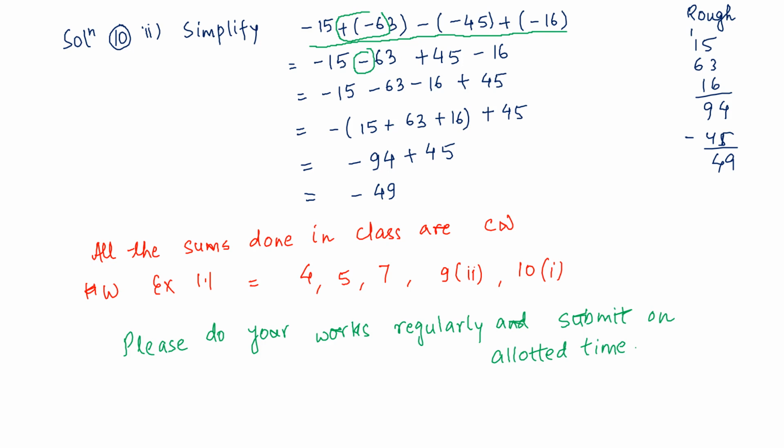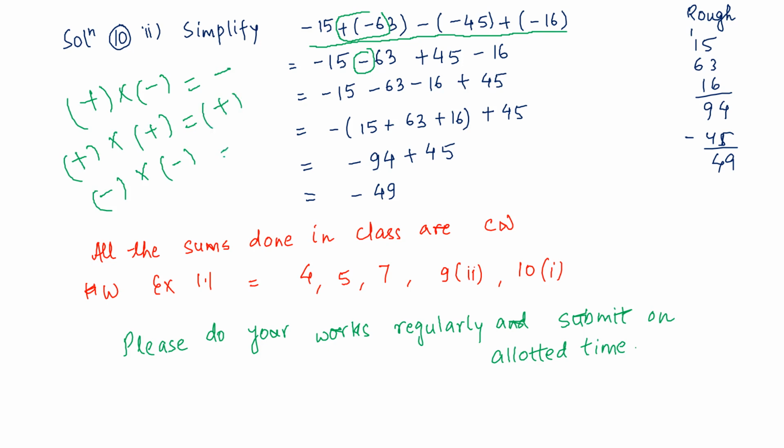And when two different signs are multiplied, every class I repeat it, the answer is always negative. And when two same signs are multiplied, either plus or minus, the answer is always a positive sign. So that's how it is done here. Minus into minus will be a plus, this plus into minus will be a minus.